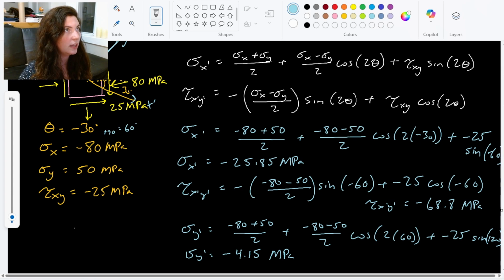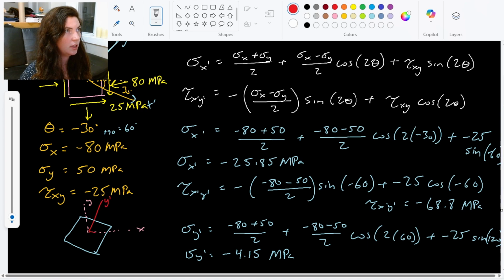So what that would look like is that since this guy was rotated down 30, so he's down here now. We originally had our x and y, and now that's been rotated.